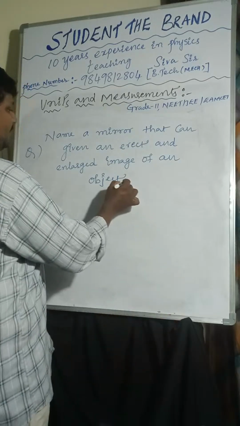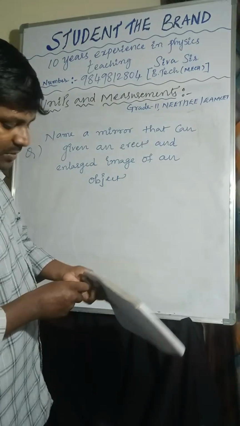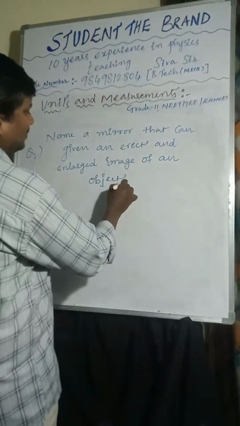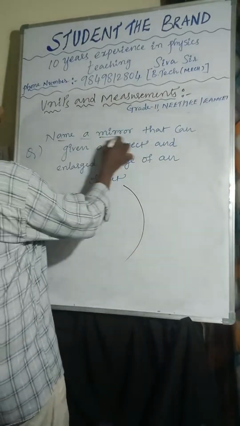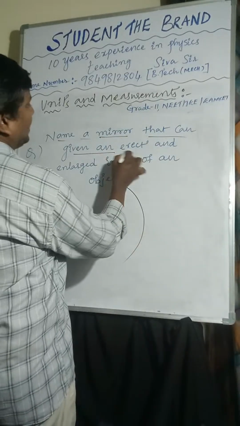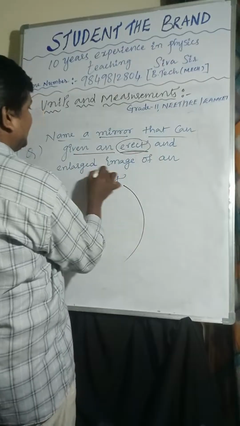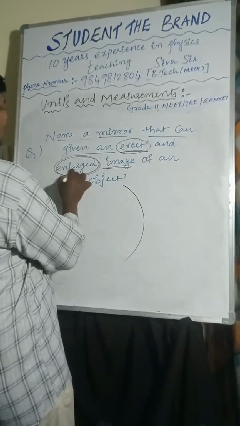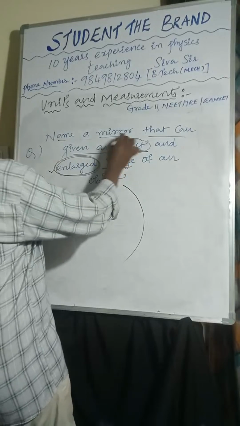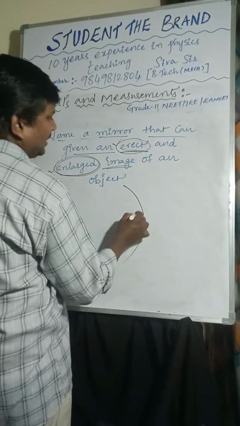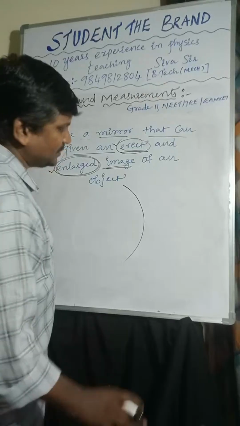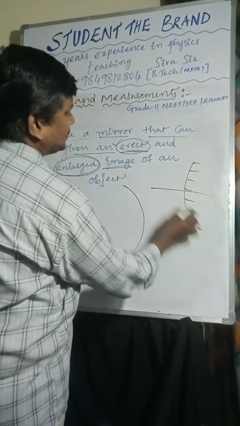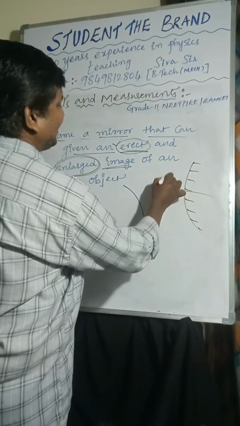Concave mirror only. So if you are taking the concave mirror, you can see concave mirror. Name a mirror that can give an erect and enlarged image of an object. So here enlarged and erect. In a convex mirror you can observe you will always get virtual and diminished images.